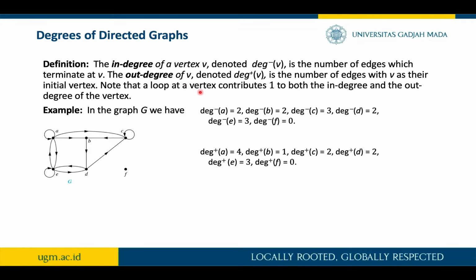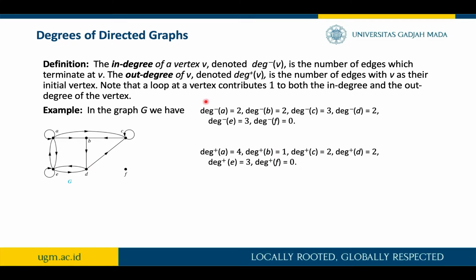And then the out degree, denoted as degree plus, is the number of edges with V as their initial vertex. So again, for vertex P, the out degree is 1 because there is only one edge that starts from P.